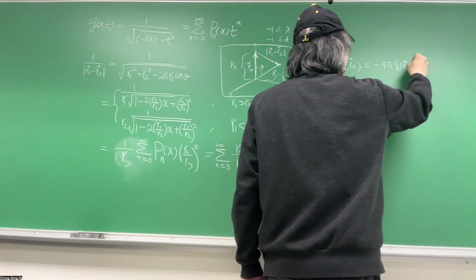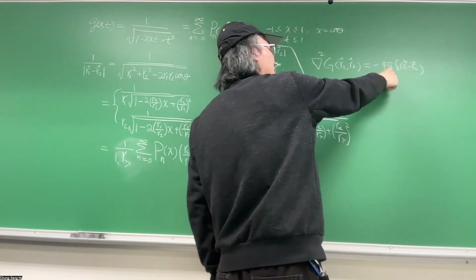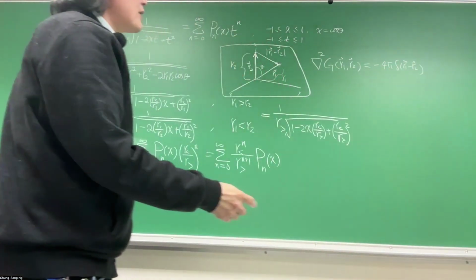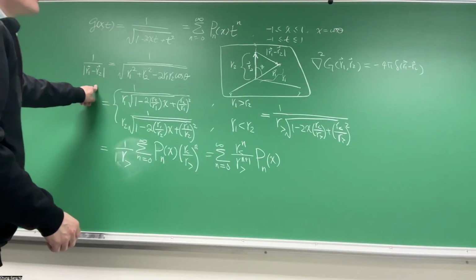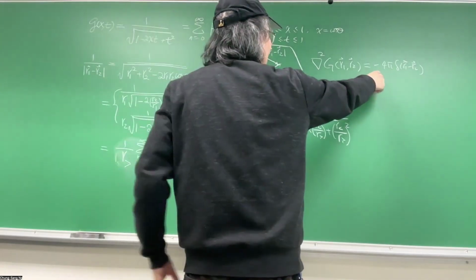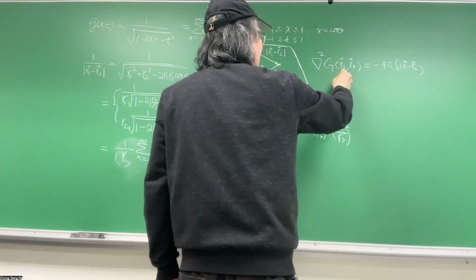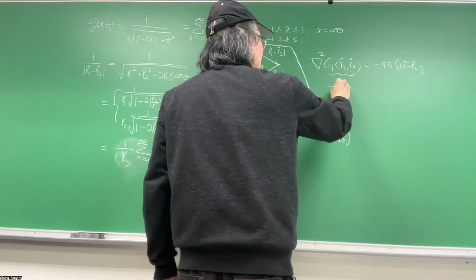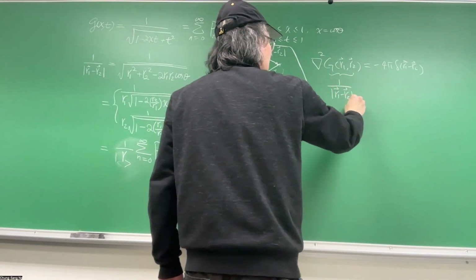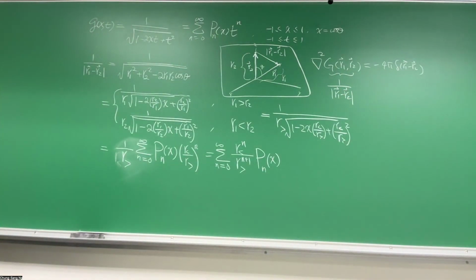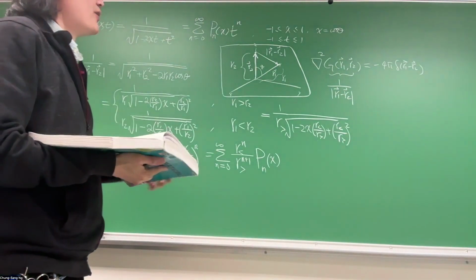So some people define it differently, without the coefficient in front, or the sign is different. But anyway, I think that is this one. So this is for the free space, and the Green function will be just 1 over the distance between R1 and R2. Right. So I think we went through that sometime before.